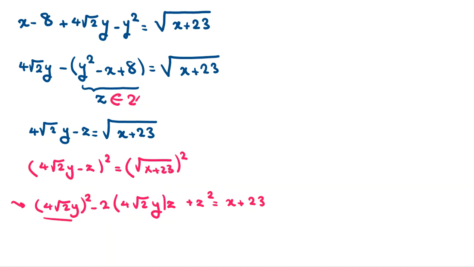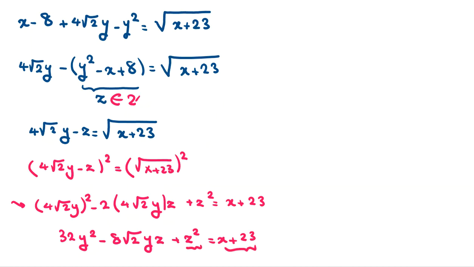So if I write it, 16 times 2, 32 y squared minus 8 root 2 y z plus z squared equal to x plus 23. Look, it is integer, it is integer, it is integer. So we can write root 2 as a division of two integers, and it means that root 2 should be a rational number. But we know that root 2 is irrational.